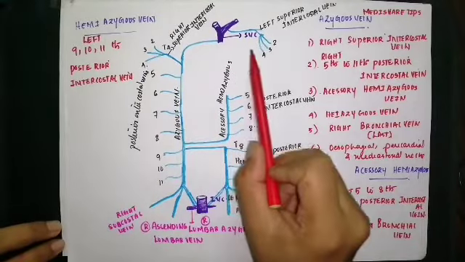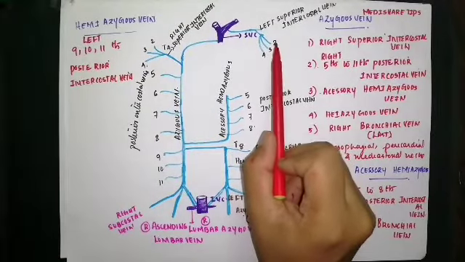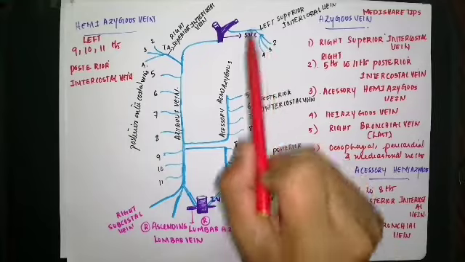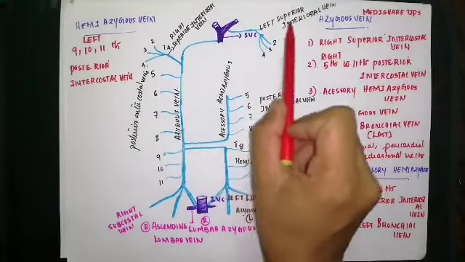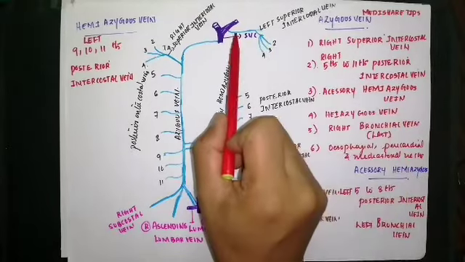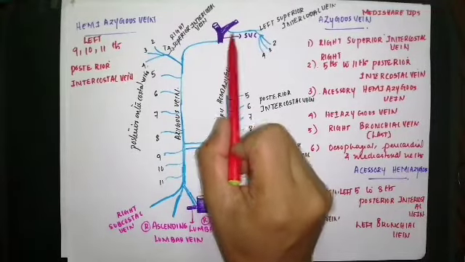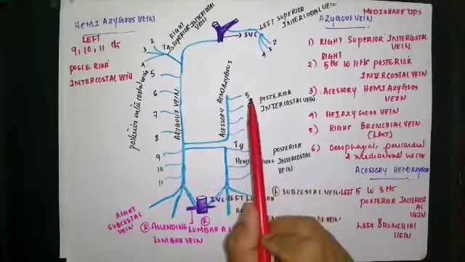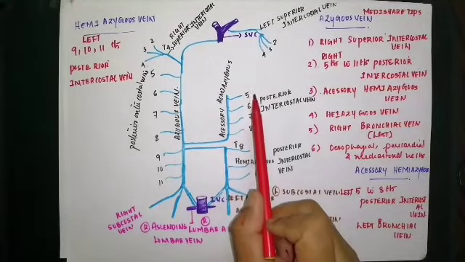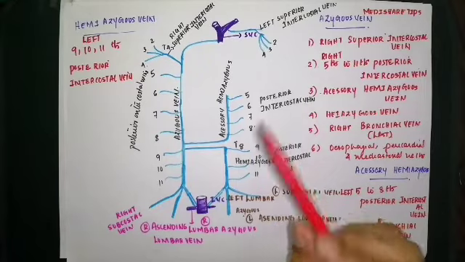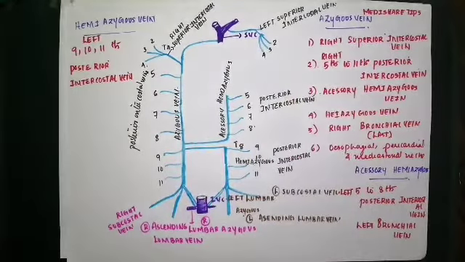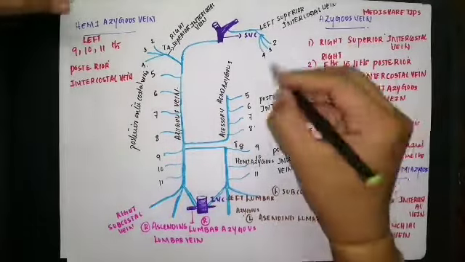Now on the left side, the left second, third and fourth posterior intercostal veins join to form the left superior intercostal vein, which is draining into the left brachiocephalic vein. On the left side, the left 5th to 8th posterior intercostal veins are draining into the accessory hemiazygous.